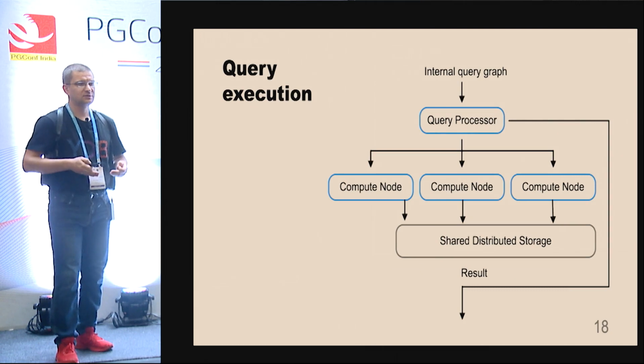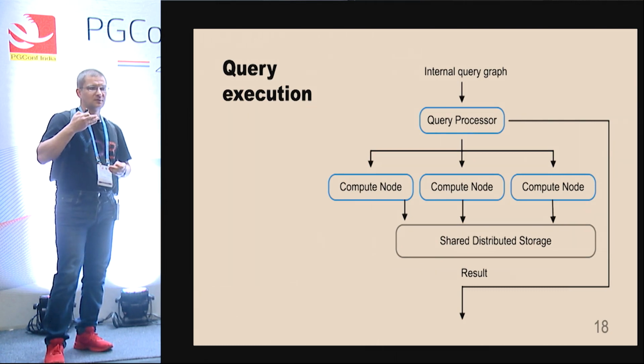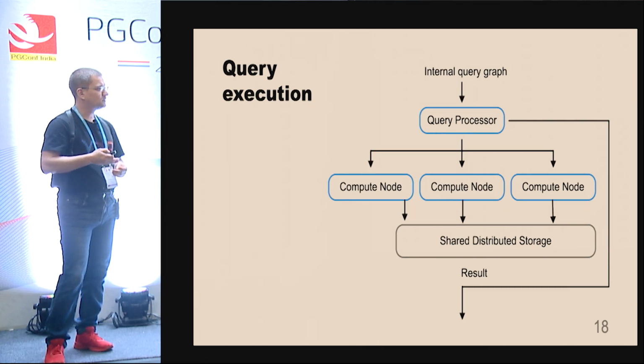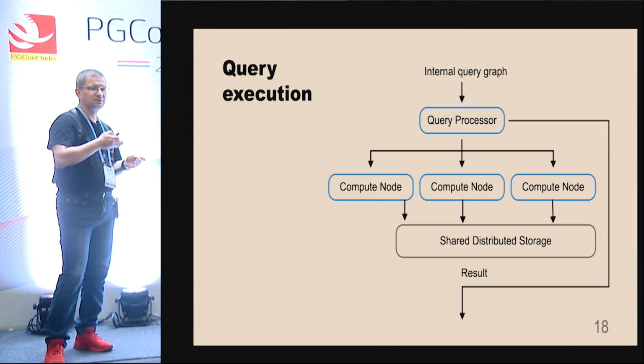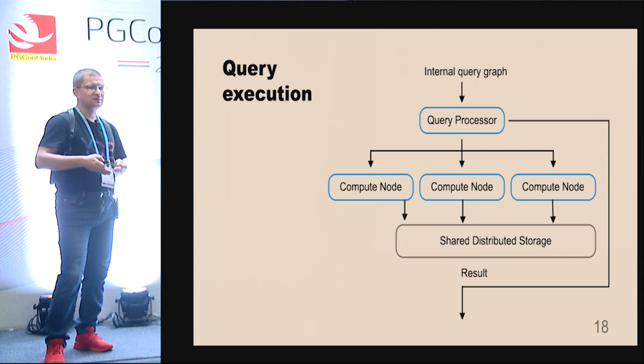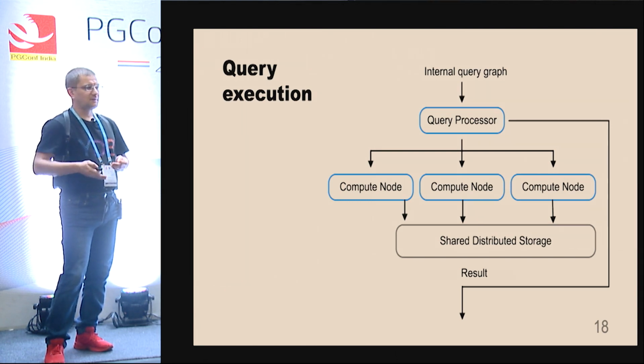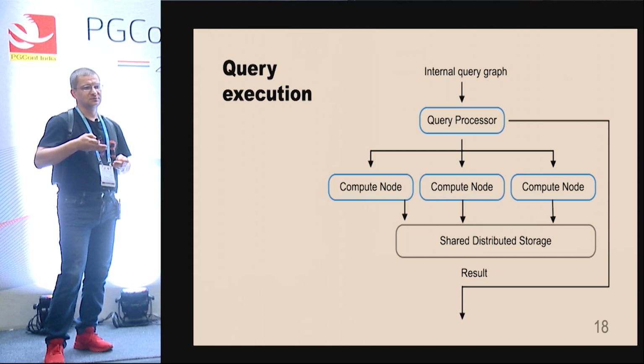And query execution. When the query processor receives a query graph, it analyzes it and can optimize the query at that stage. It will optimize a native query and a Postgres query the same way because they are presented in the same format.